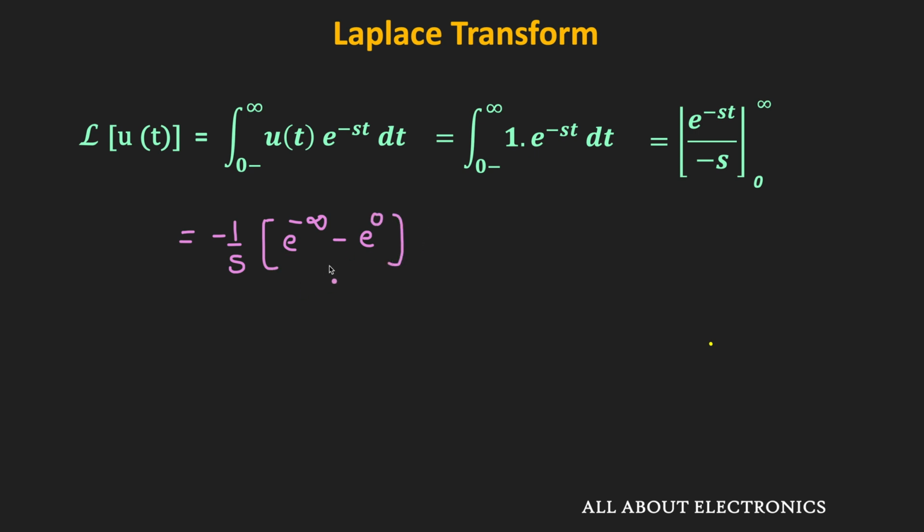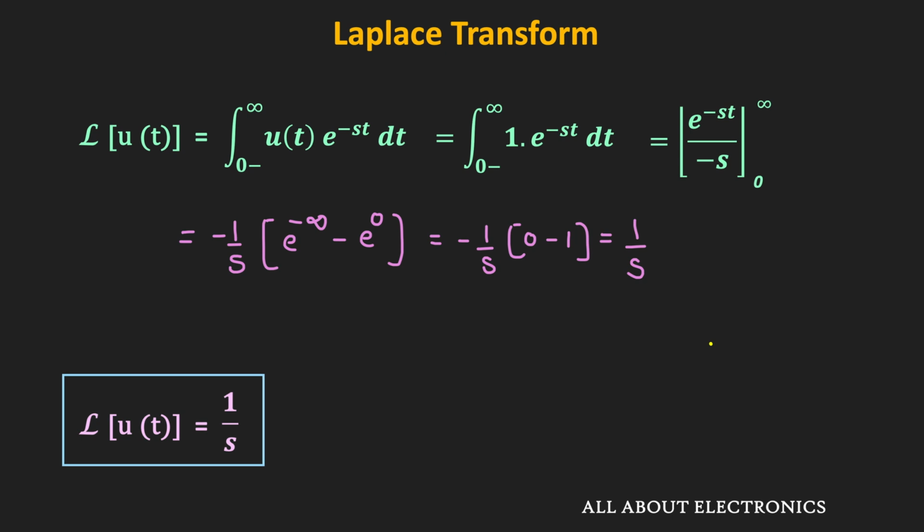As you know, e to the power minus infinity is equal to 0, while e to the power 0 is equal to 1. That means this expression becomes minus 1 divided by s times 0 minus 1, which is equal to 1 divided by s. So the Laplace transform of the unit step function is 1 divided by s.